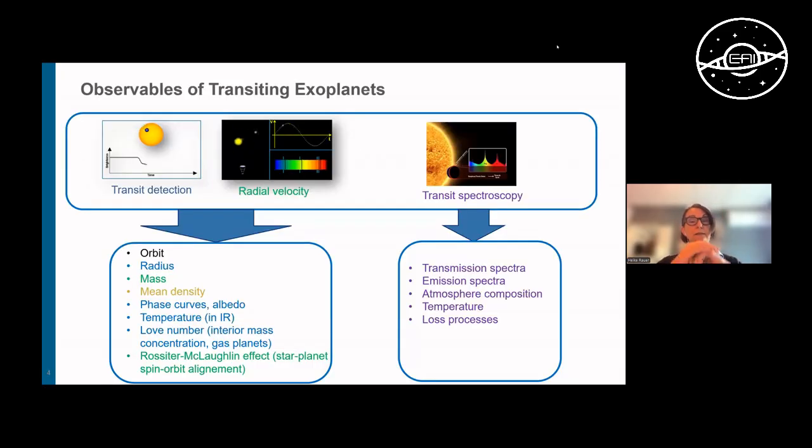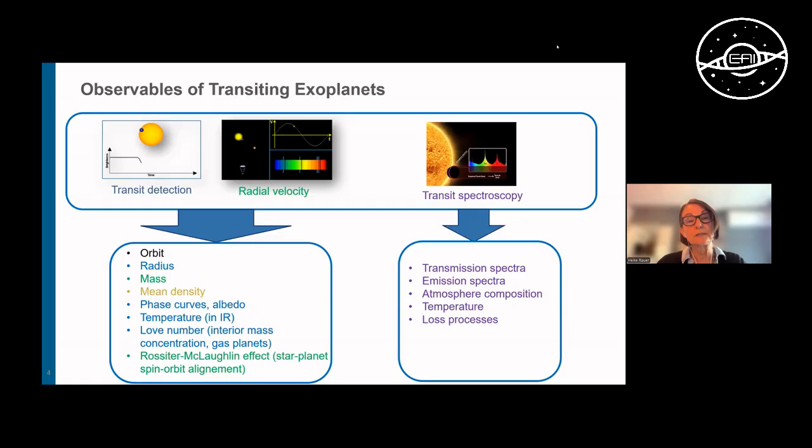It's getting even more interesting if we can combine transiting planets with other detection methods. Here you see some illustrations in the top row. You see again the transit method and the diminishing of the stellar brightness when the planet passes through the line of sight. Next to it, we see an illustration of the so-called radial-velocity method.